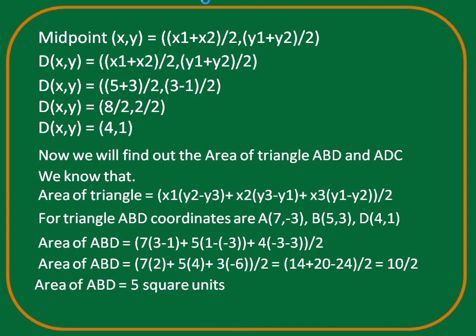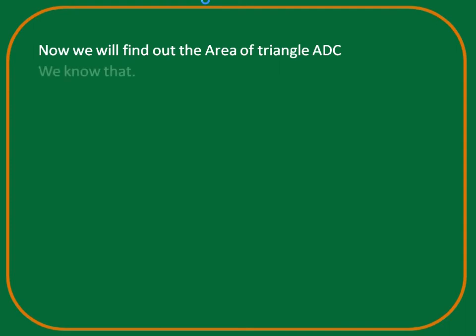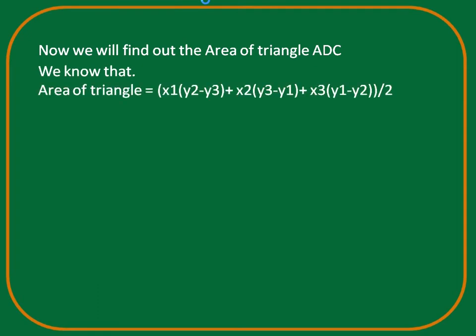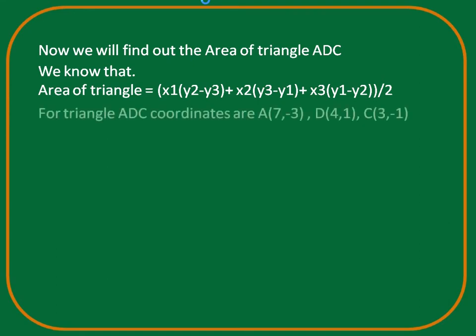Now we will do the same for triangle ADC. You can call it ADC, ACD or DAC, whatever, but the area of the triangle will remain the same. I have called it ADC; you can call it ACD also, but in that case you need to use the coordinates accordingly.